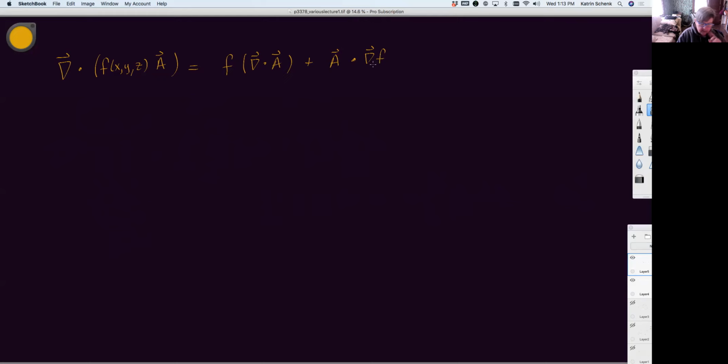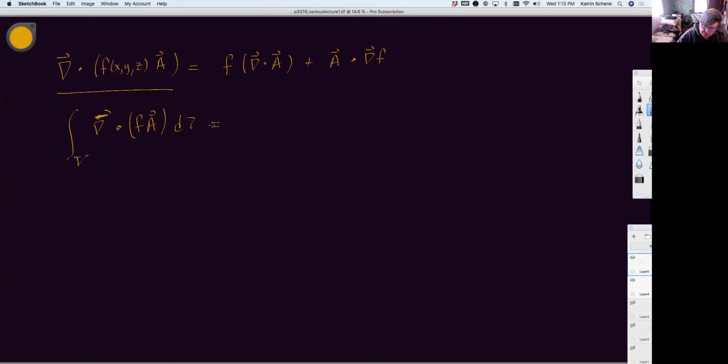So if we integrate this over volume, del dot fa, and I'm not going to use the xyz in there, of fa d tau, we know it's this, right?